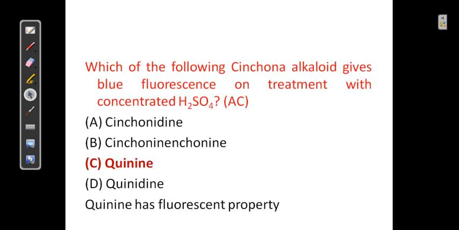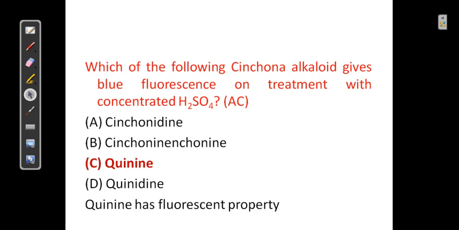Next one, which of the following cinchona alkaloids gives blue fluorescence on treatment with concentrated sulfuric acid? Cinchona alkaloids have four main alkaloids: cinchonine, cinchonidine, quinine and quinidine.